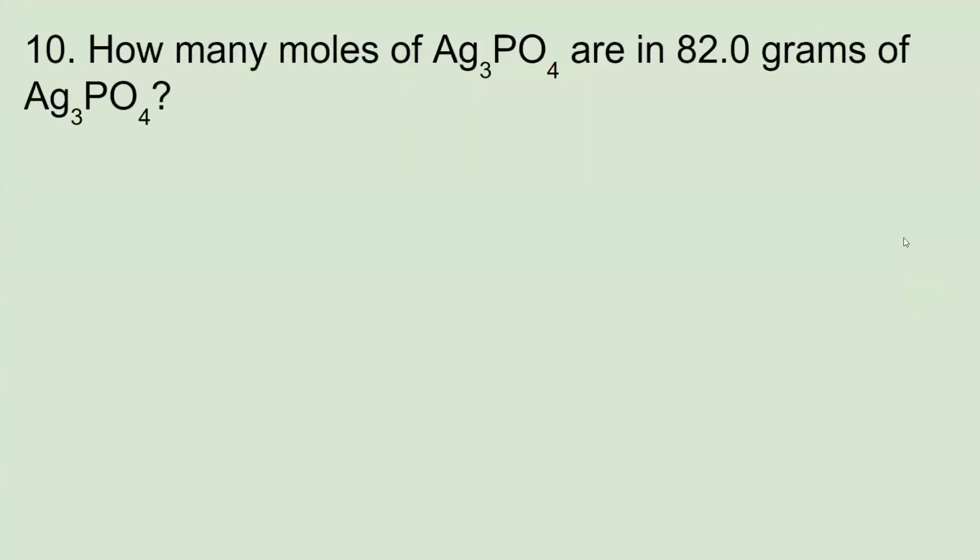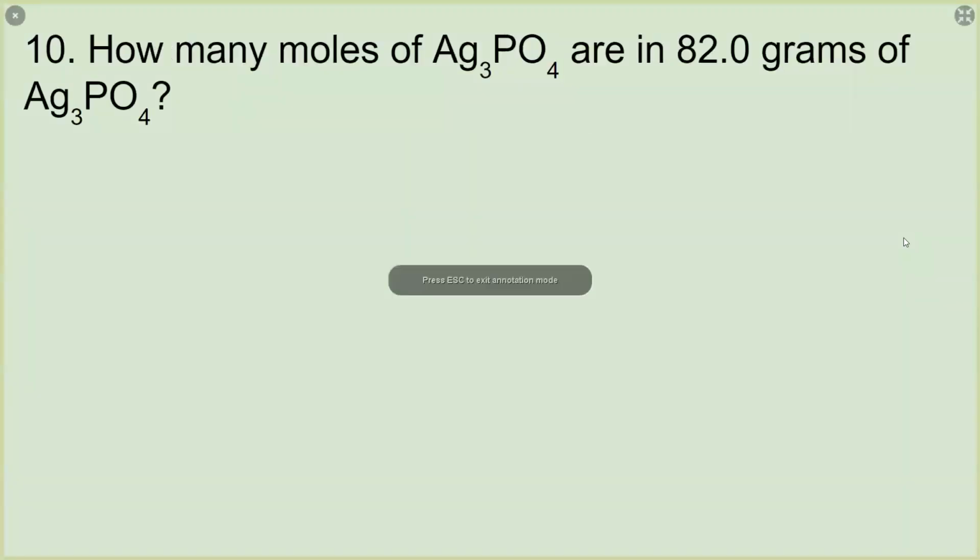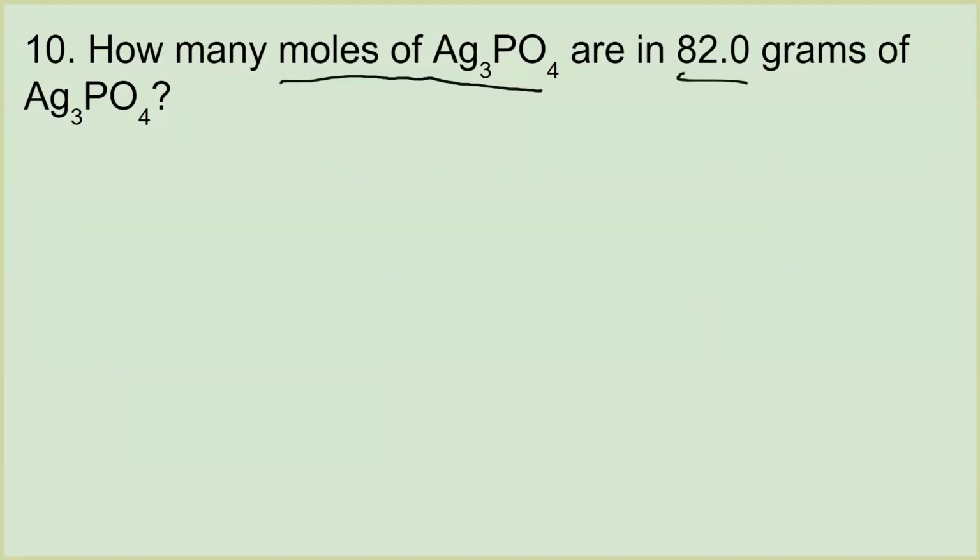All righty. Okay, number 10. It's asking us how many moles of silver phosphate are present in 82.0 grams of silver phosphate. So we've got to start out with what we're given, 82.0 grams Ag3PO4.